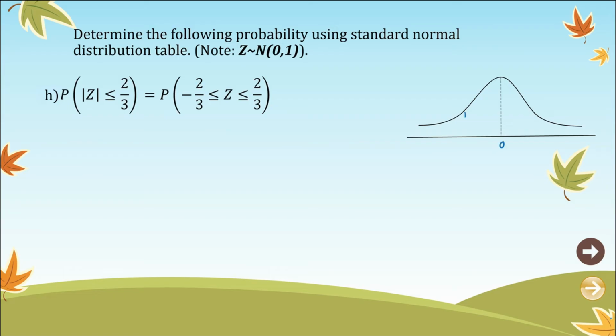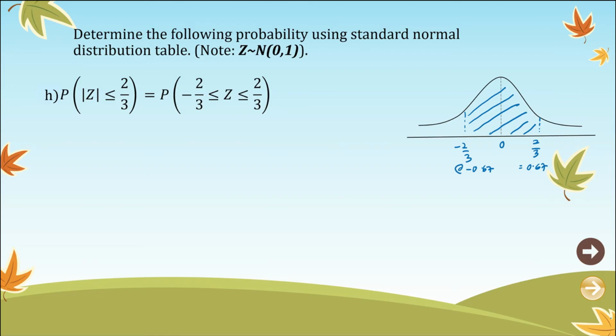Negative 2 over 3 on the left side and 2 over 3 on the right side. We can change it into decimal, because the table is only in the form of decimals, 2 decimal places. So the area should be in the middle, from negative 2 over 3 to 2 over 3.